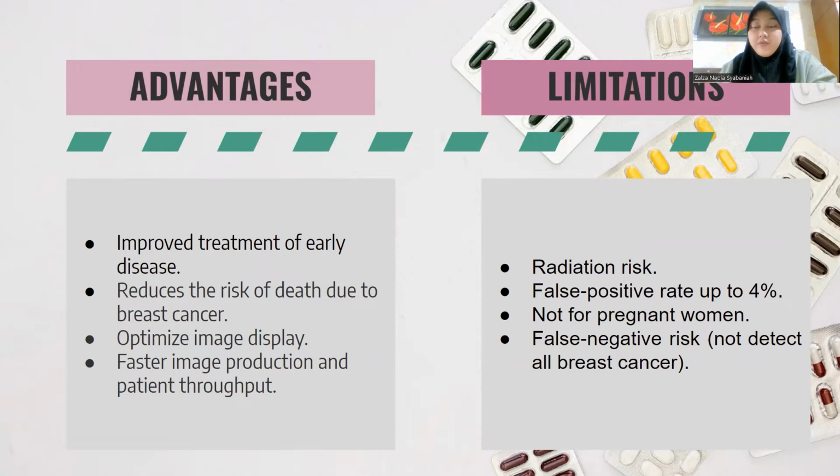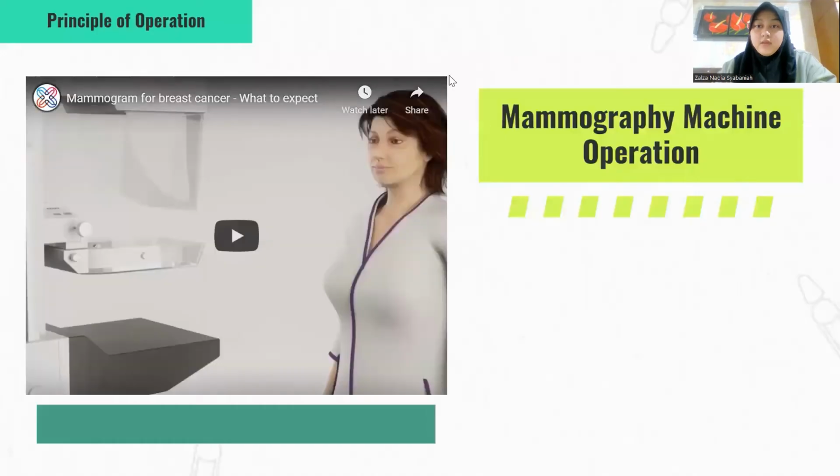And then for the limitations, mammography may have a radiation risk and also have a false positive rate of up to 4% and a false negative risk that it does not detect all breast cancer. And then it's not suitable for pregnant women. So let's see the video about the mammography machine operation.